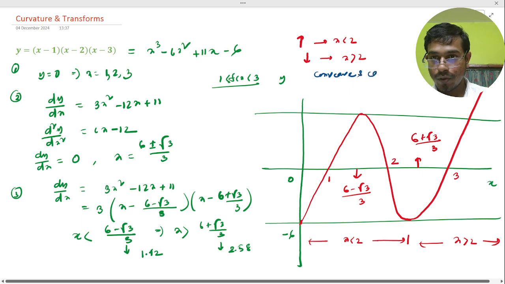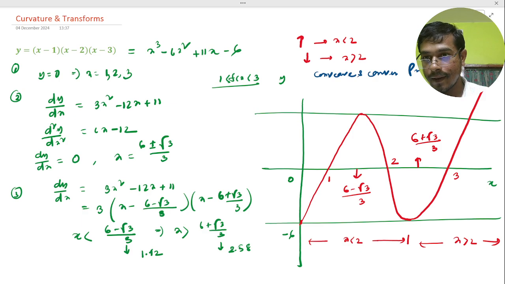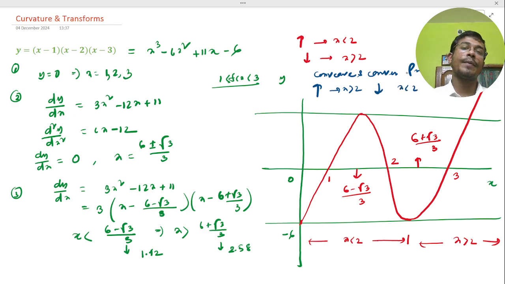The concave property says it goes upward when x is greater than 2, and downward when x is less than 2. The concave property is basically about the first, second or third derivative. We put the first derivative equal to 0, put the value into the second and third, and check whether it is positive or negative.